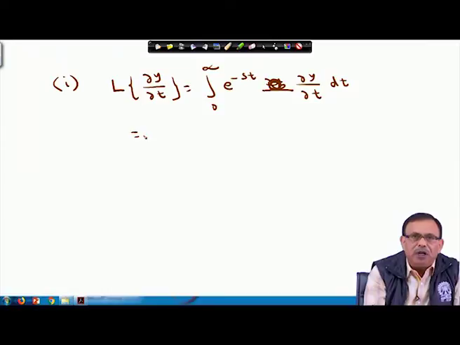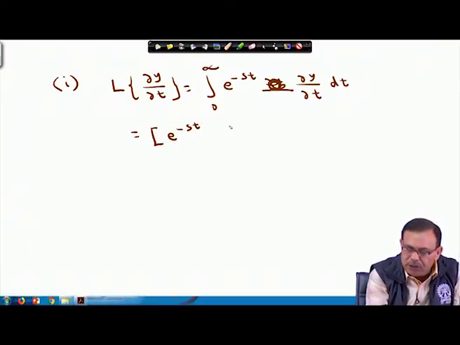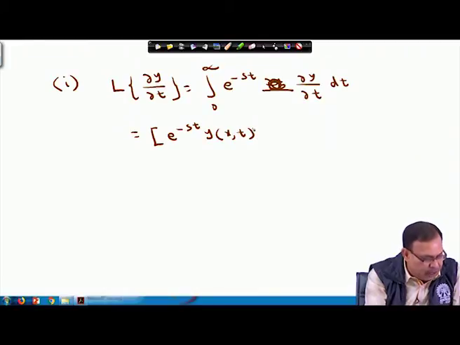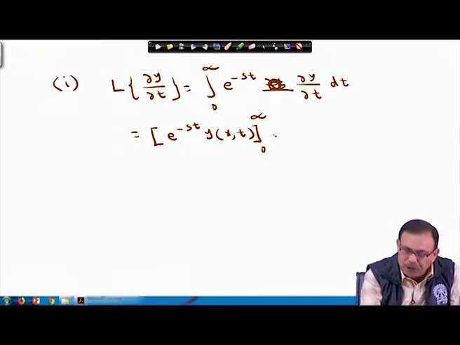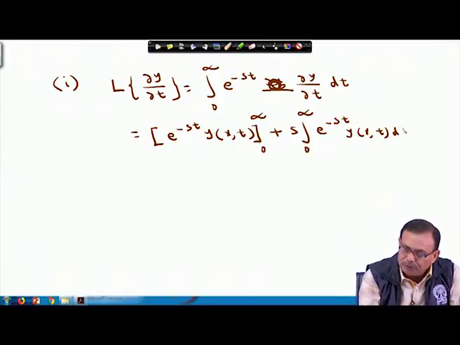If I use integration by parts on this equation, you will obtain e^(-st) into y(x,t), a function of x and t, with limits from 0 to infinity, plus s, which comes after integration by parts, times the integral from 0 to infinity of e^(-st) y(x,t) dt.